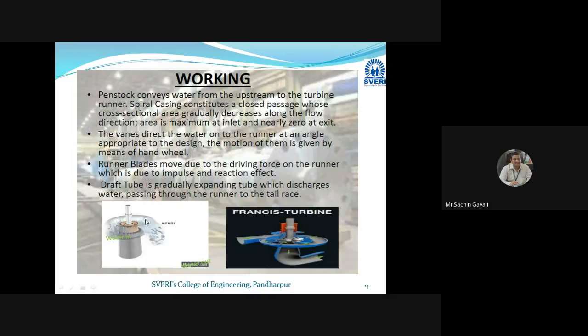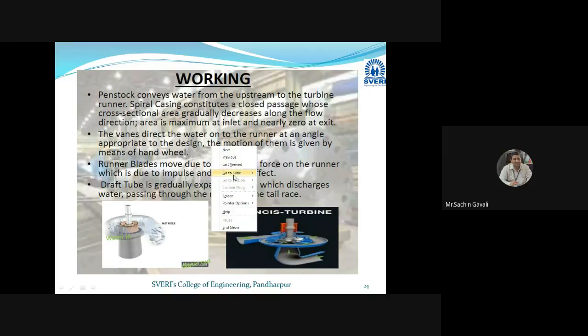In the Francis turbine, water comes from the center and flows radially towards the outlet. Therefore, it is called an inward flow reaction turbine. The inner diameter is going to be smaller and the outer diameter larger.